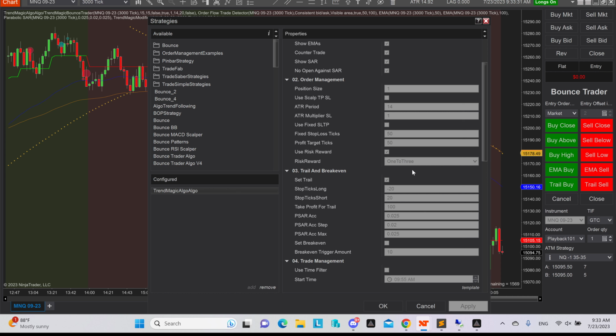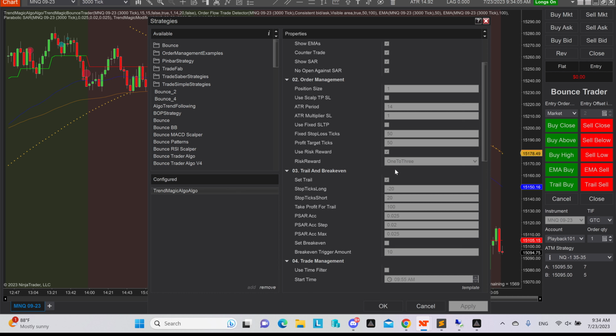This is what I found works out the best. You don't want to have this checked; you want to have use risk reward and set trail. This seems to work the best because it's not a scalping strategy. It's going to be profitable based on capturing those bigger runs.